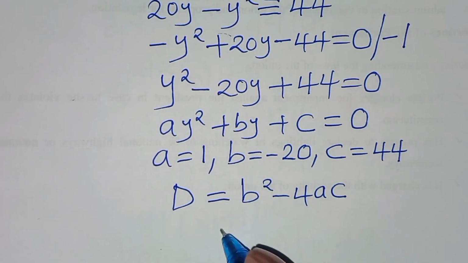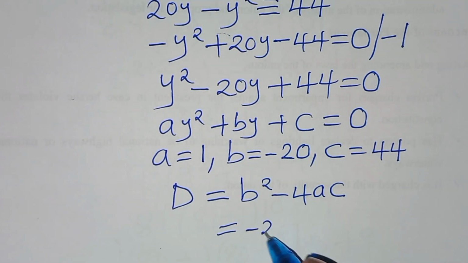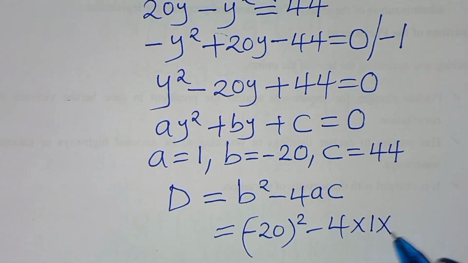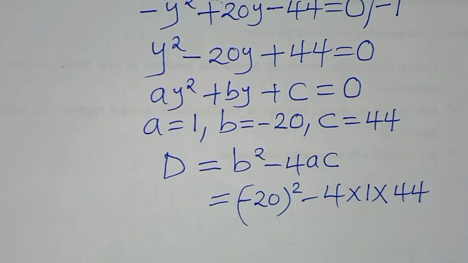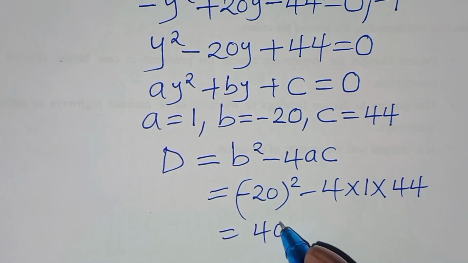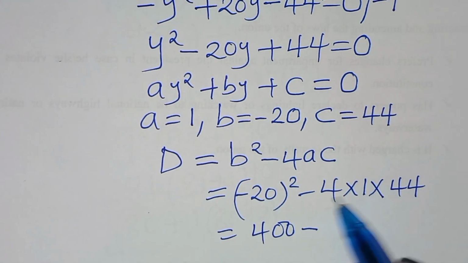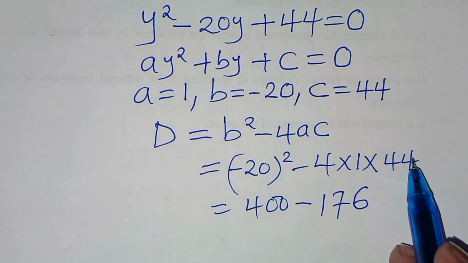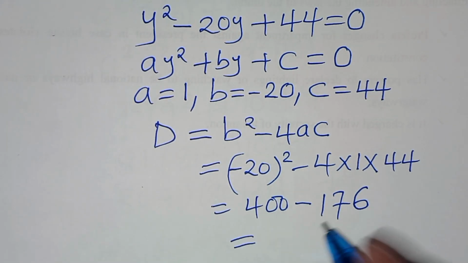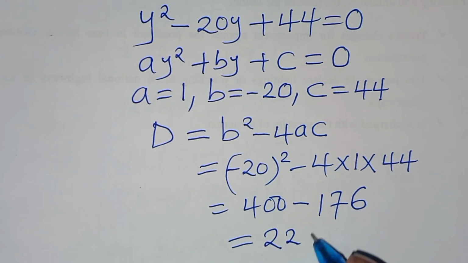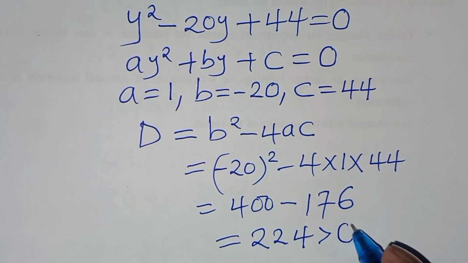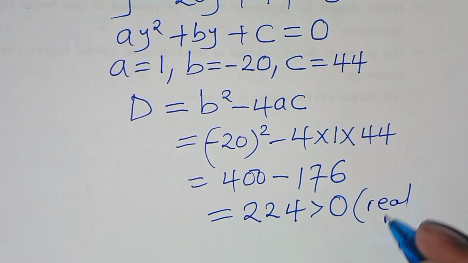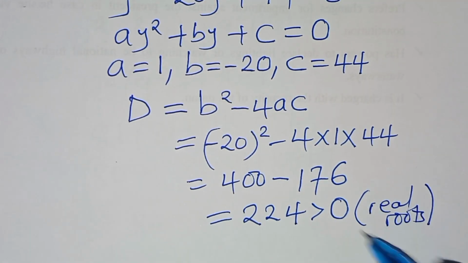Substituting the value of b, this is minus 20 squared, subtract 4 times a, which is 1, times c, which is 44. So negative 20 squared, this is 400, subtract 44 times 4, which is 176. So 400 minus 176, this is 224, which is greater than 0. So in this case, this implies that we have real roots.